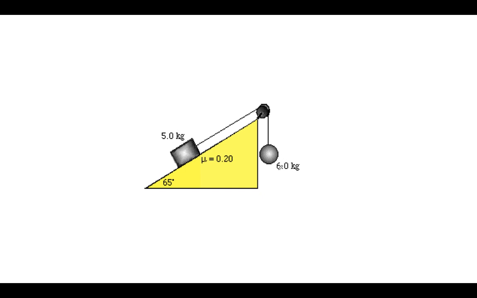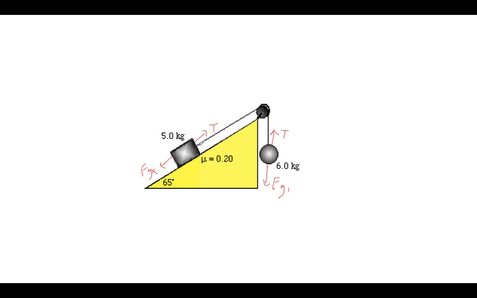So just drawing a simplified free body diagram, we have Fg1, our tension force, Fgx, and then friction will act opposite the direction of motion.